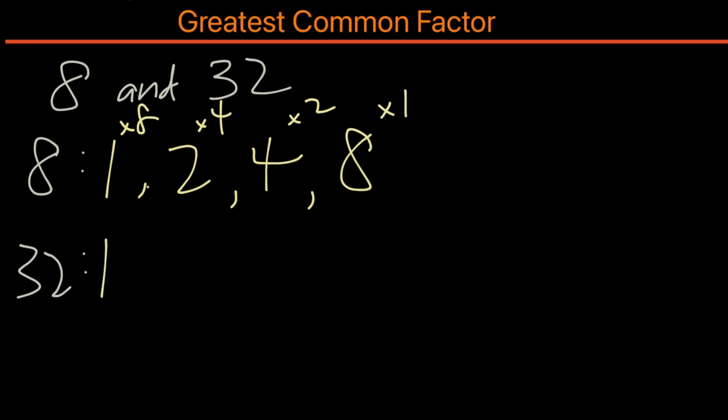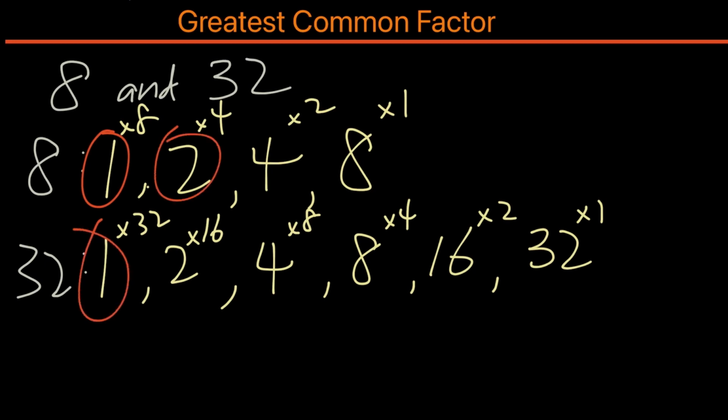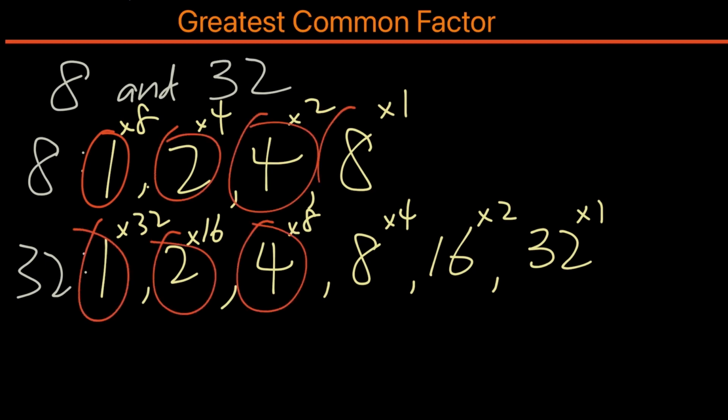For 32, we have 1, 2, 4, 8, 16, and then 32. Okay, and the greatest common factor in this case: 1 is here, 2, 4, 8. So 8 would be the greatest common factor.